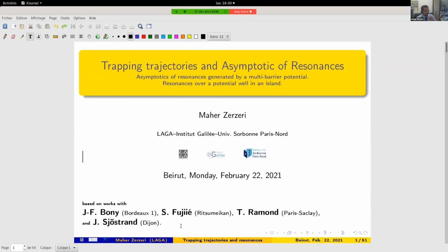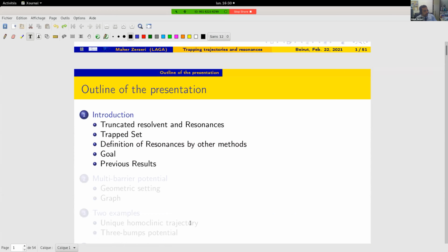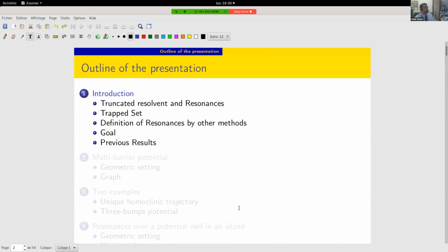So the outline of the presentation is: I introduce what resonances are, the relation with the truncated resolvent, and I also introduce the trapped set, and we define the resonances by other methods to prove our results.